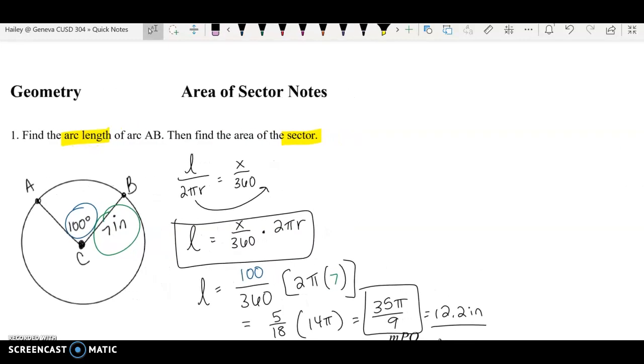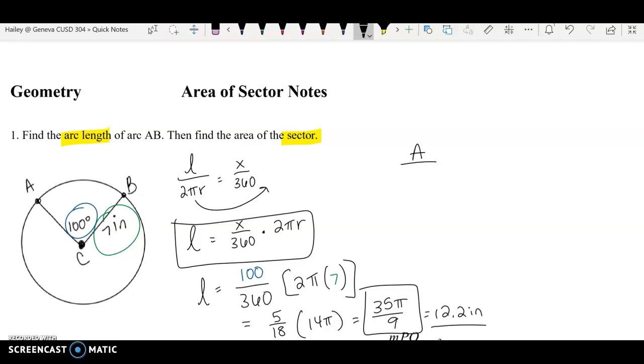This time we're going to talk about the area of the sector, which actually is a very similar formula. We're going to use A over, now, instead of using circumference, we're going to talk about area of the circle. Area of a sector just means that you have this pie and you cut out a piece and you want to know what the area is of that piece of pie versus the whole pie, right?